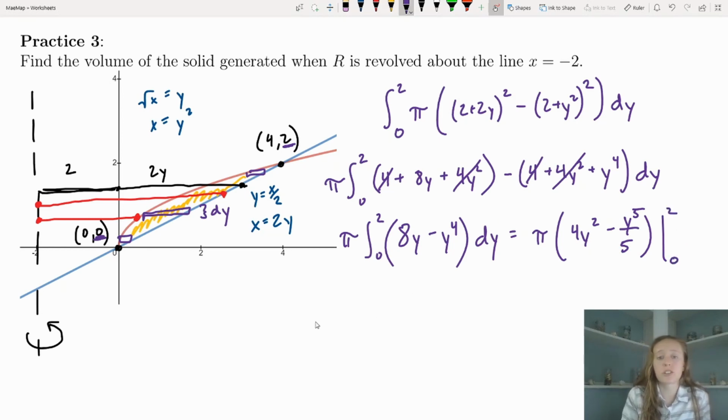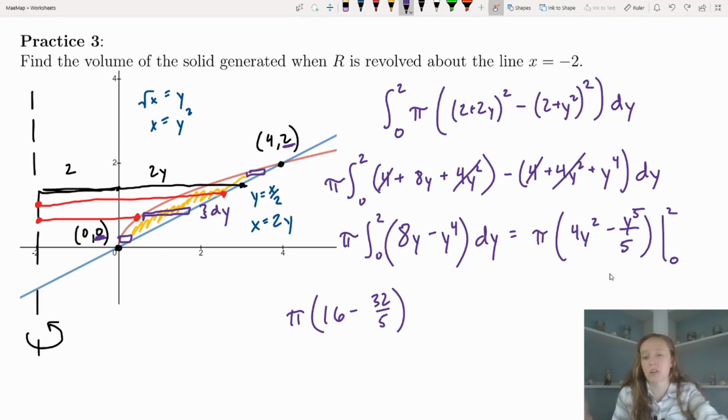So plugging in 2, I'm going to get pi times 4 times 2 squared, which is 4 times 4, which is 16, minus 2 to the 5th over 5, which is 32 over 5. And I'll subtract plugging in 0, which is just subtracting 0. So now I need to find a common denominator in order to combine these terms.